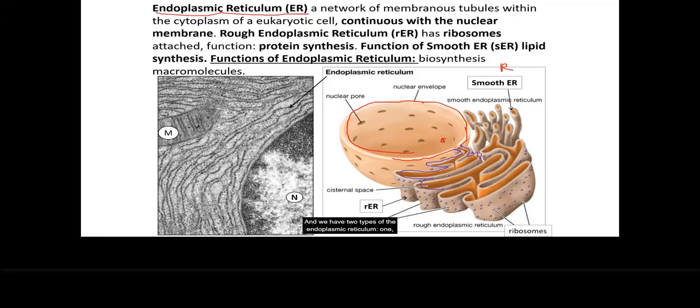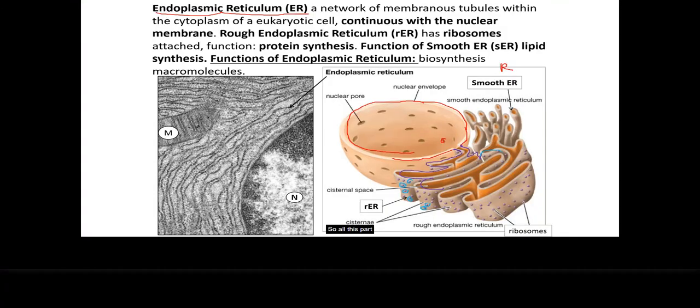And we have two types of the endoplasmic reticulum. One is rough endoplasmic reticulum. It's rough, not smooth. It means on the surface we have specialized structures, ribosomes. All these purple dots are ribosomes.